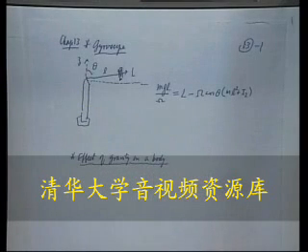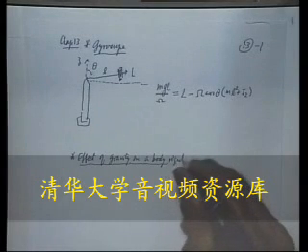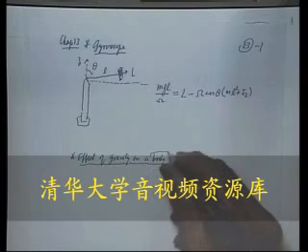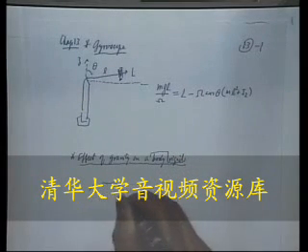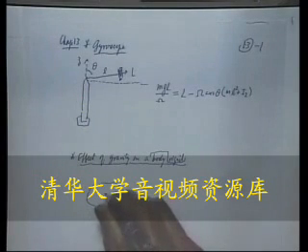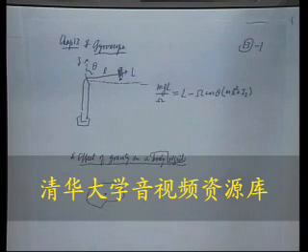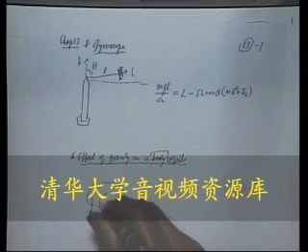Next, we discuss a rigid body. If there is a complicated rigid body, it has a center of mass. Now, every part of the body is attracted by gravity.